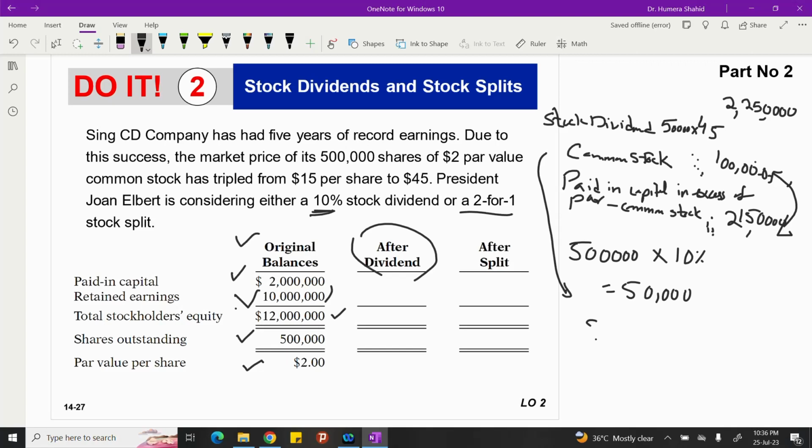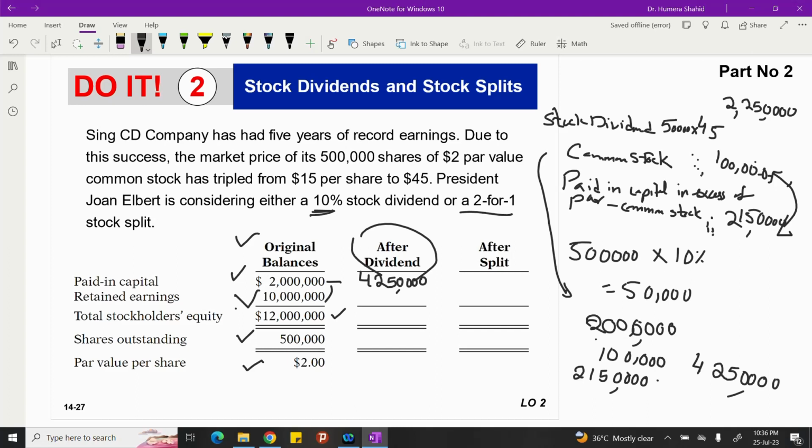If the opening balance of paid-in capital is 2 million, common stock is 100,000 and additional paid-in capital is 2,150,000, basically what we will get is 4,250,000 as the new balance of paid-in capital.